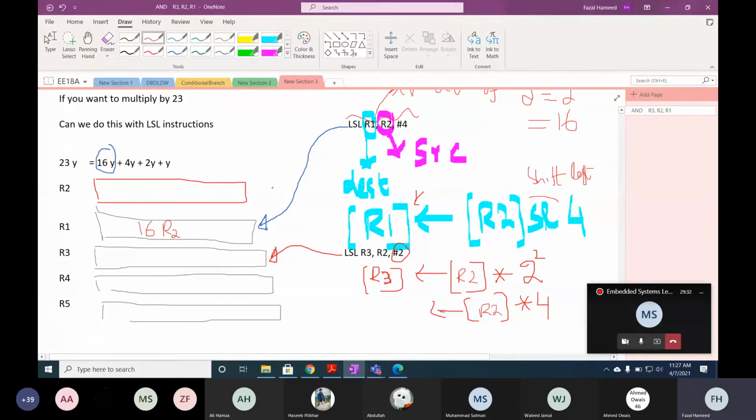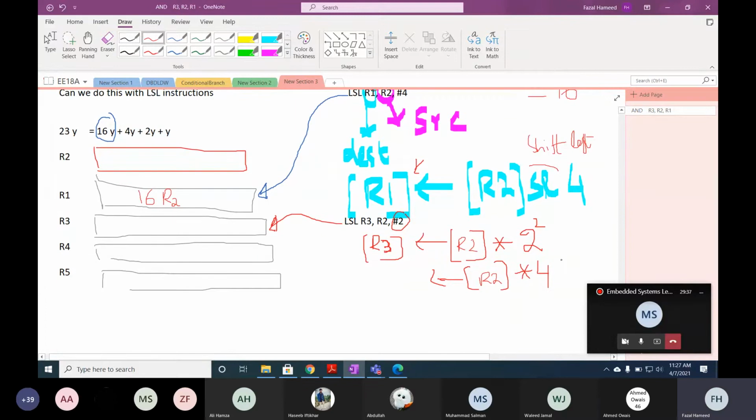So what will be the value of R3 now? R2 is now the source, so we take the previous value with R2. 4R2. Okay, now we have performed 2 operations.